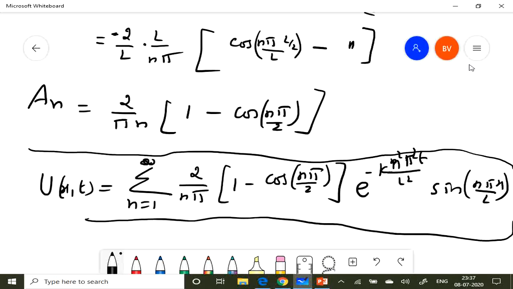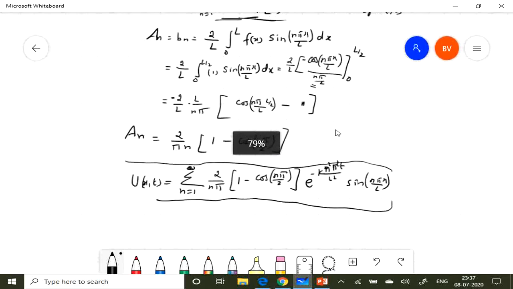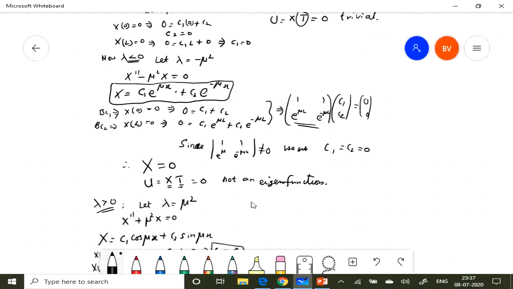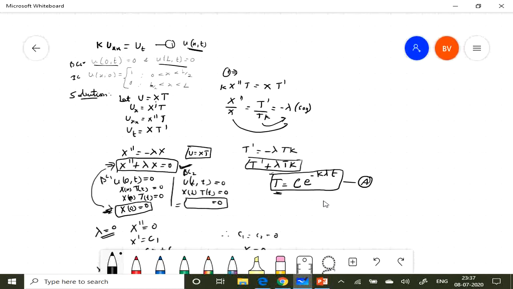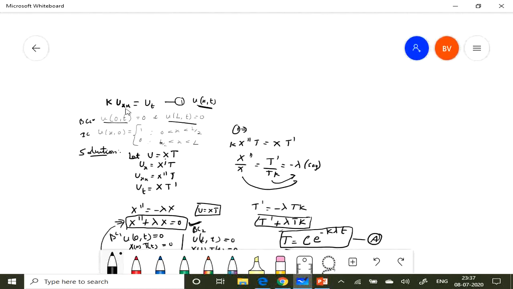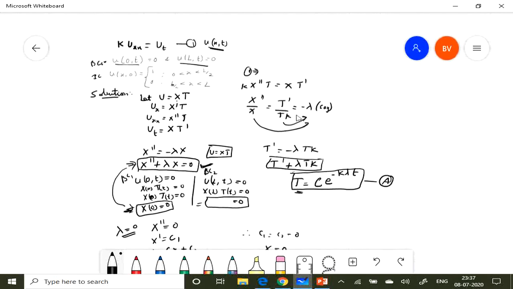So what we are doing, one more time. Can you revise it? Let's go to the top. This is the problem, one-dimensional heat equation with the boundary conditions and the initial condition, isn't it?